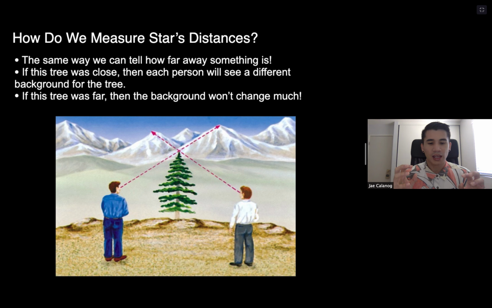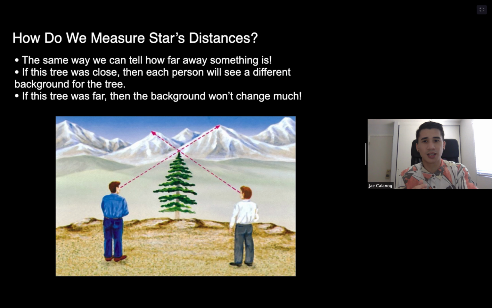And so if you're seeing a bright object, you're not exactly sure: is that object actually bright, meaning, is that object actually emitting a lot of light? Or is that object actually just really close to you, but it's pretty dim in general, right? Because again, brightness goes down with distance.